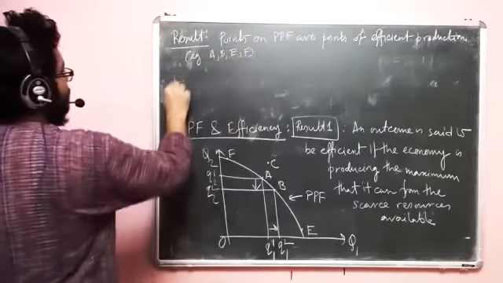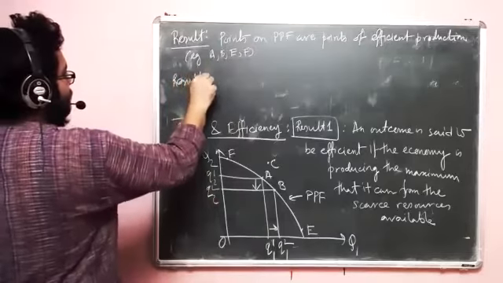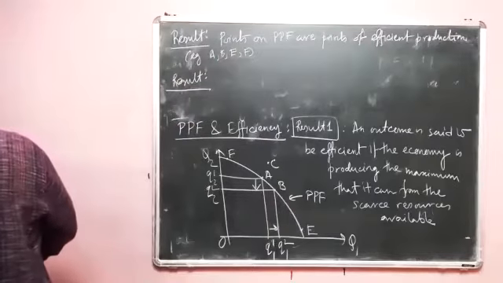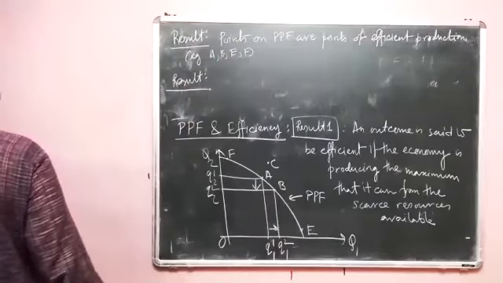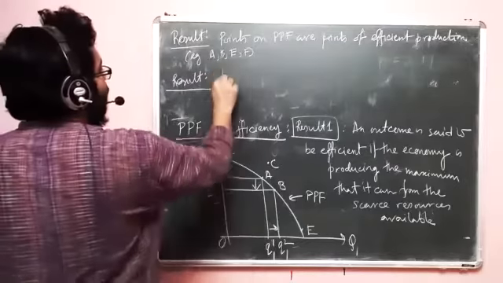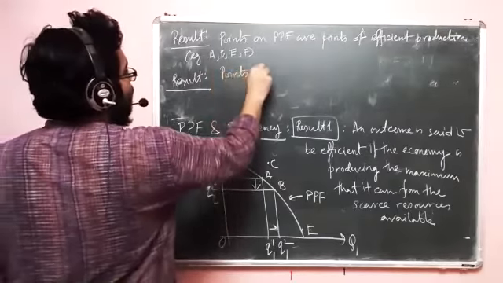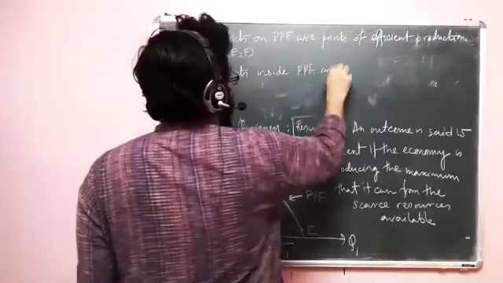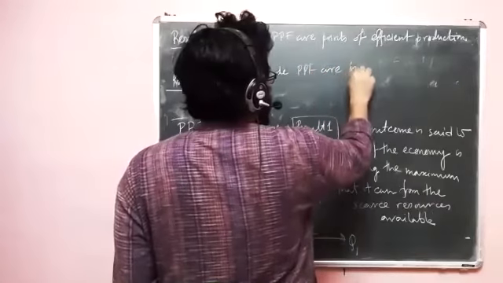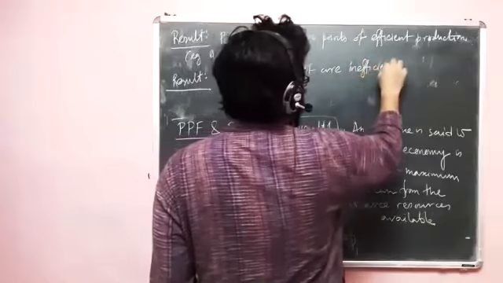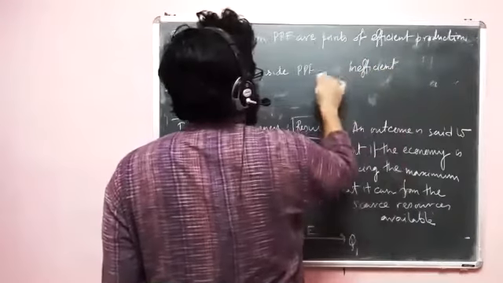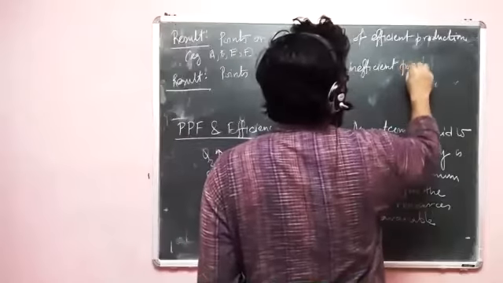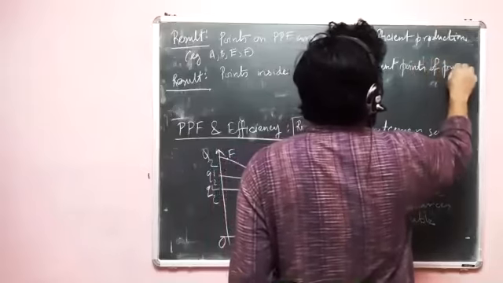And that leads us to another result, which is that points inside PPF show inefficient points of production.